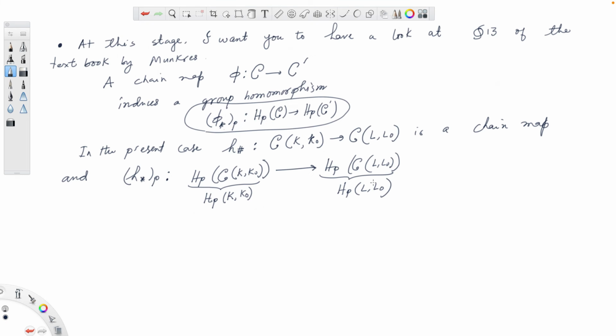These, for different p's, are the induced homomorphisms.